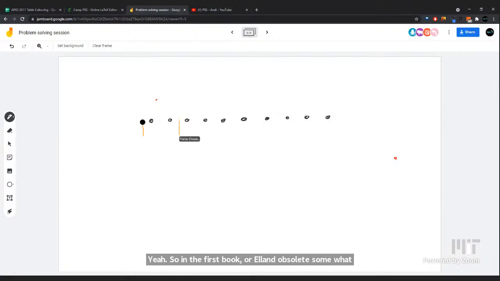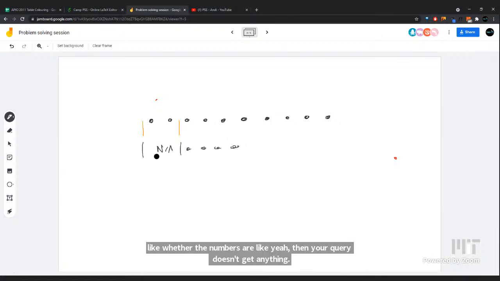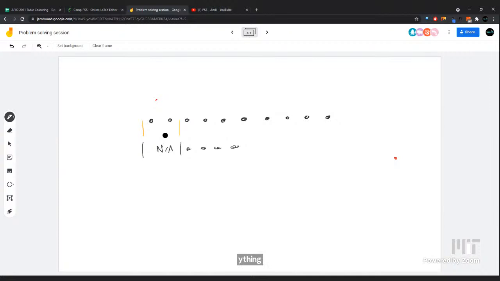But how do you know that they exist? What if the numbers are here? Then your query doesn't get anything. I mean, only the first 2 elements should be between our L and R in the first case. But you don't know what they are. If possible, could you again please send the link of the original question?